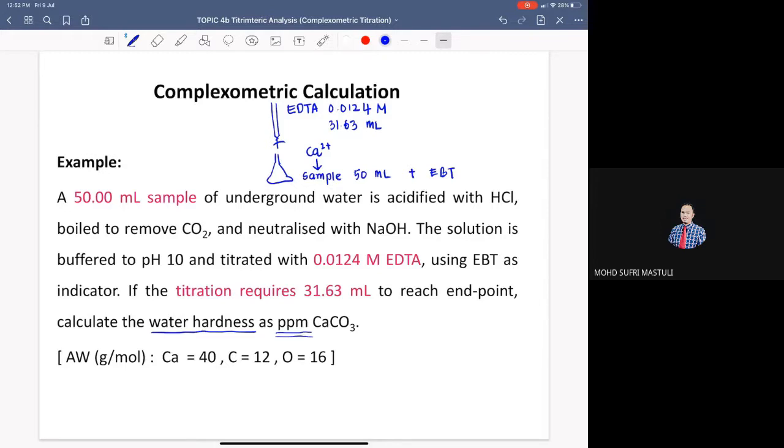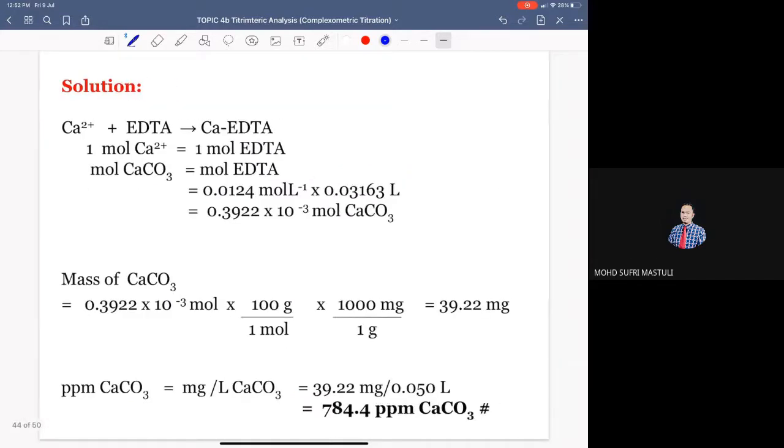Okay, how do we do it? We know the reaction: calcium reacts with EDTA to produce the calcium-EDTA complex.